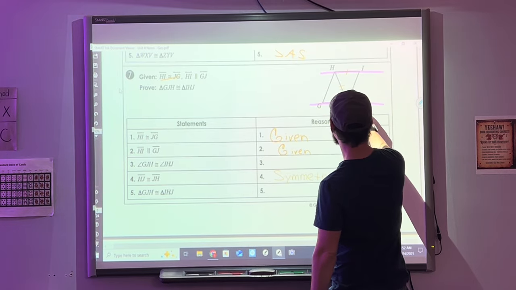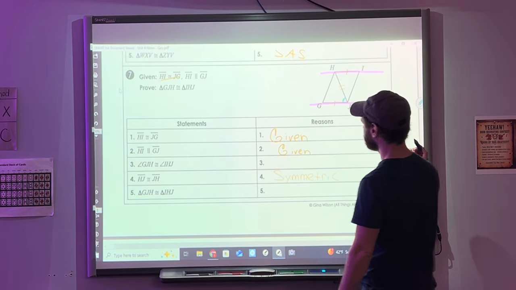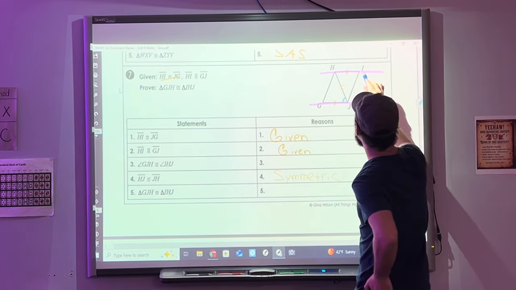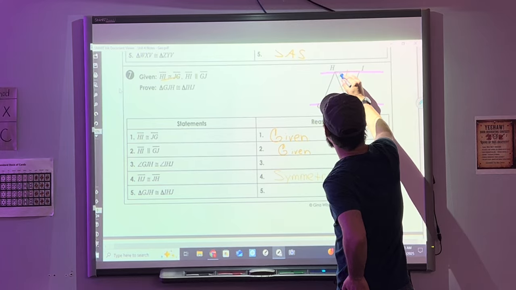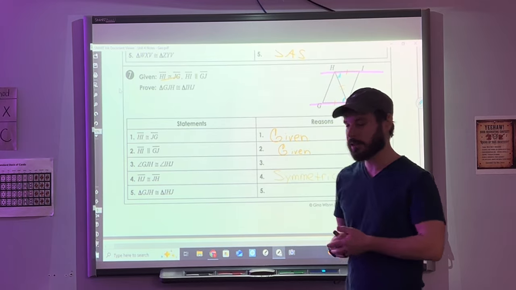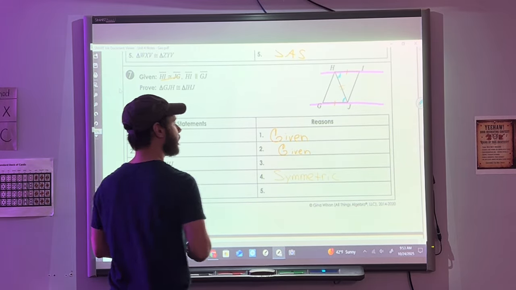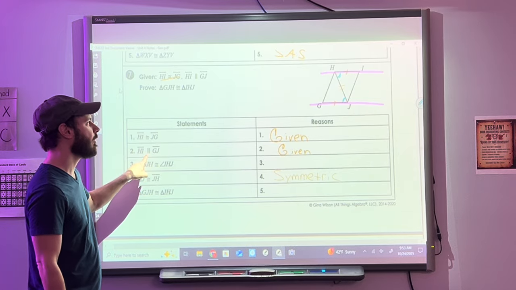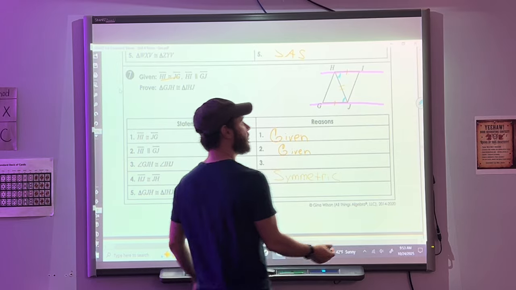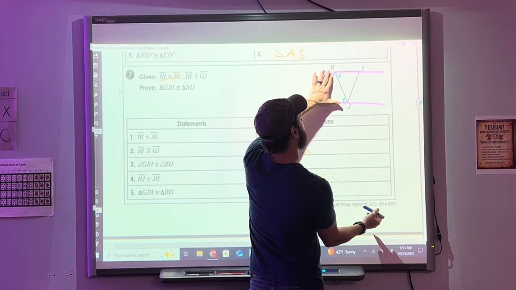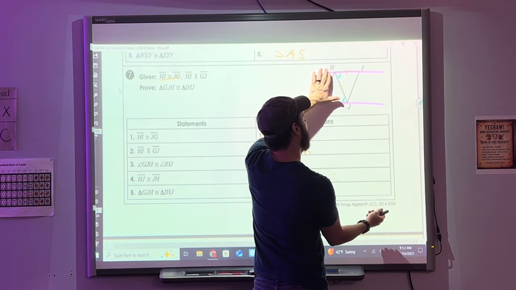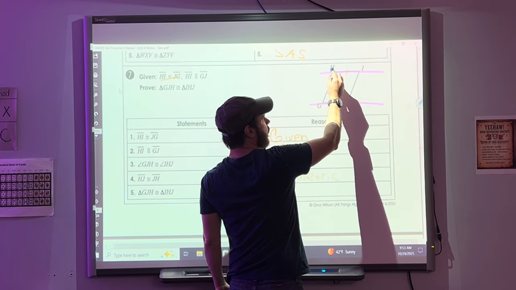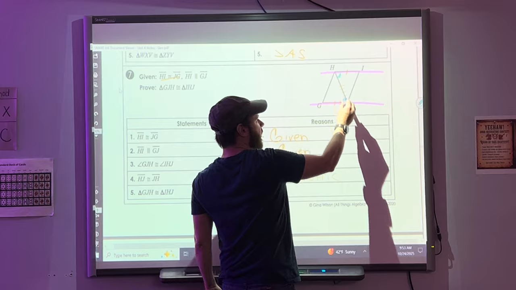GJH. GJH is this angle here. And that's going to match with then IHJ. That one there. It's telling me that they are congruent. Okay. So what's the relationship there? The parallel lines are the key. The parallel lines. If I look at these and I ignore everything else, I ignore this side of this box and I ignore this side of the box, I have two parallel lines crossed by one connecting transversal.